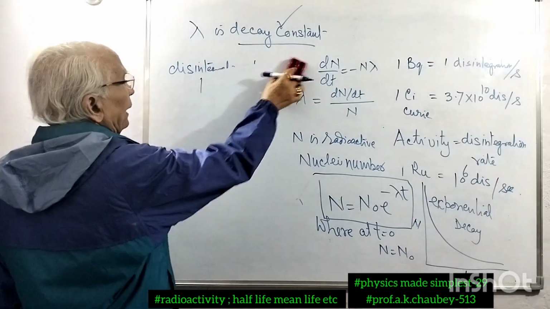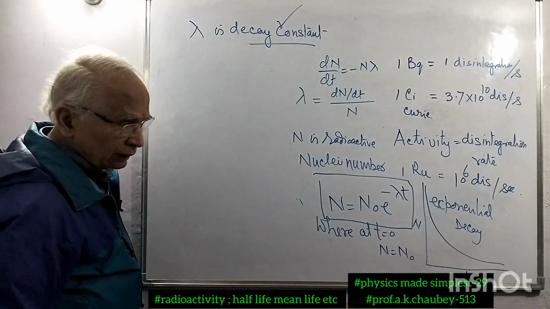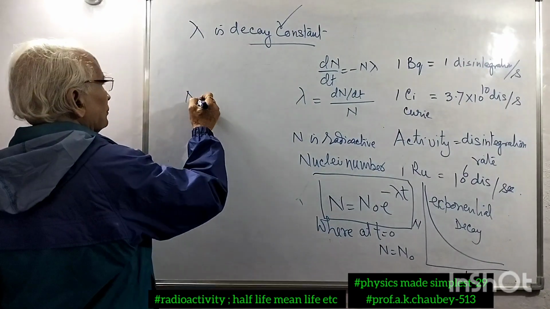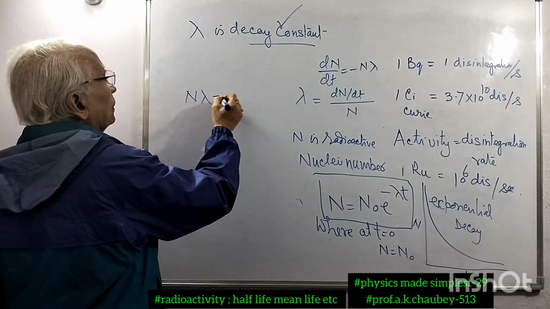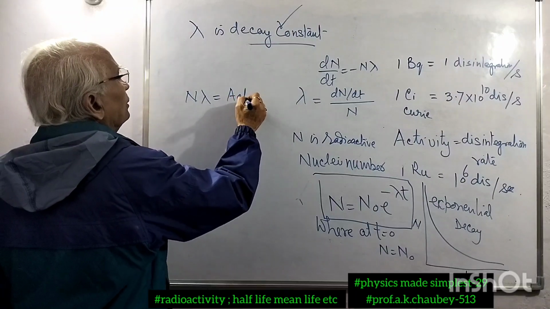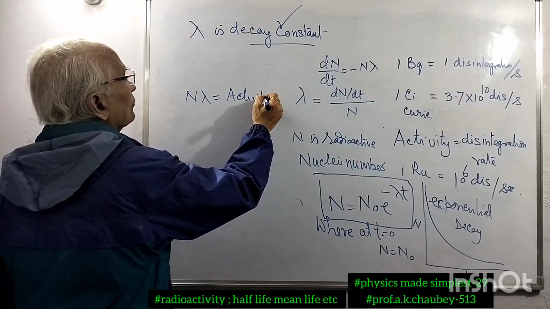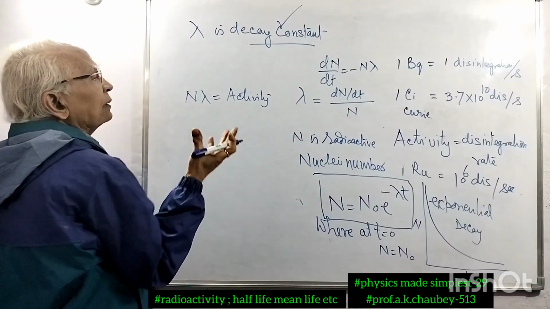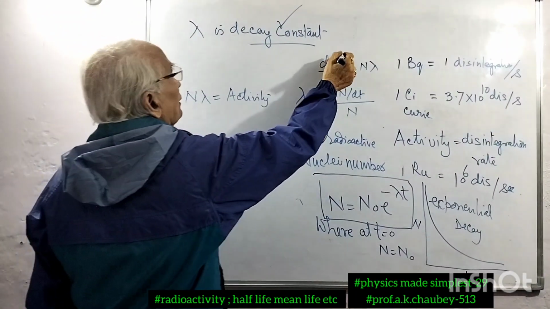And what is N lambda? You see, N lambda is called activity, that is dN/dt.